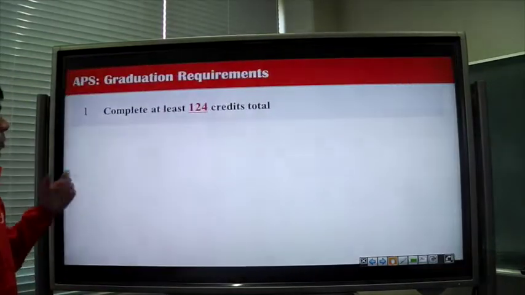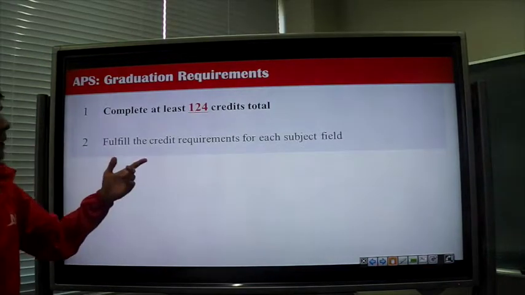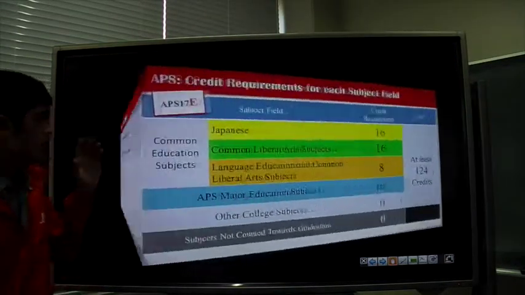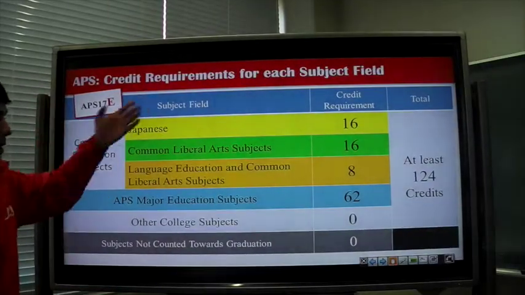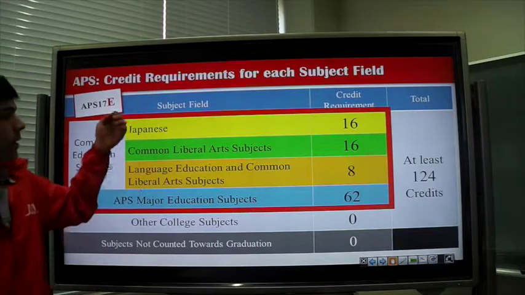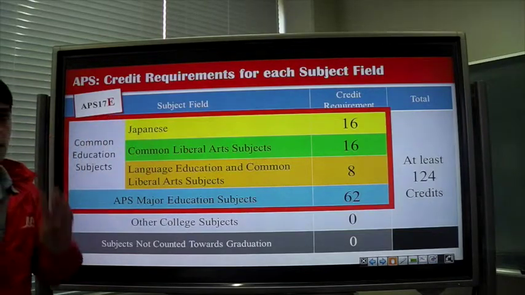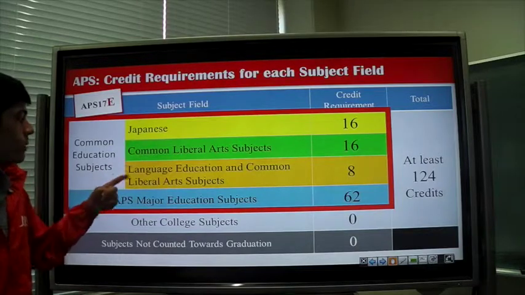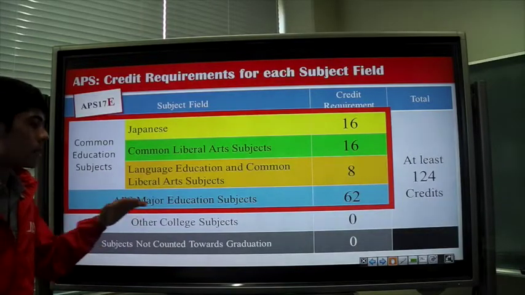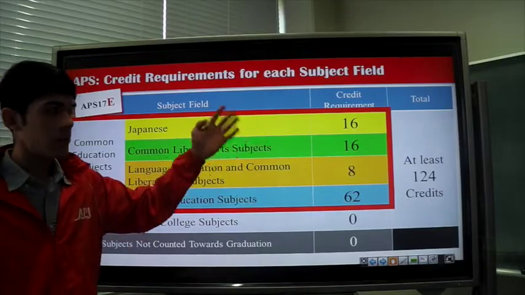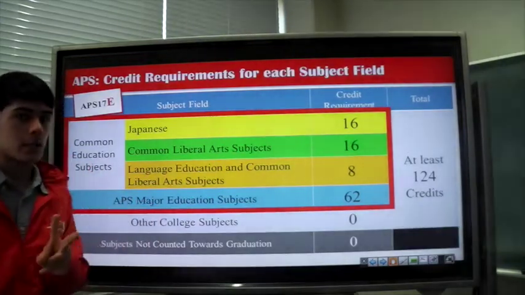Second, what does it mean to complete credit requirements for each subject field? In this graph, we have several subject fields. The most important are these 4: Japanese, which are language subjects; language education and common liberal arts subjects; common liberal arts subjects; and APS major subjects. Fulfilling the number of credits in all these subject fields is the second requirement.